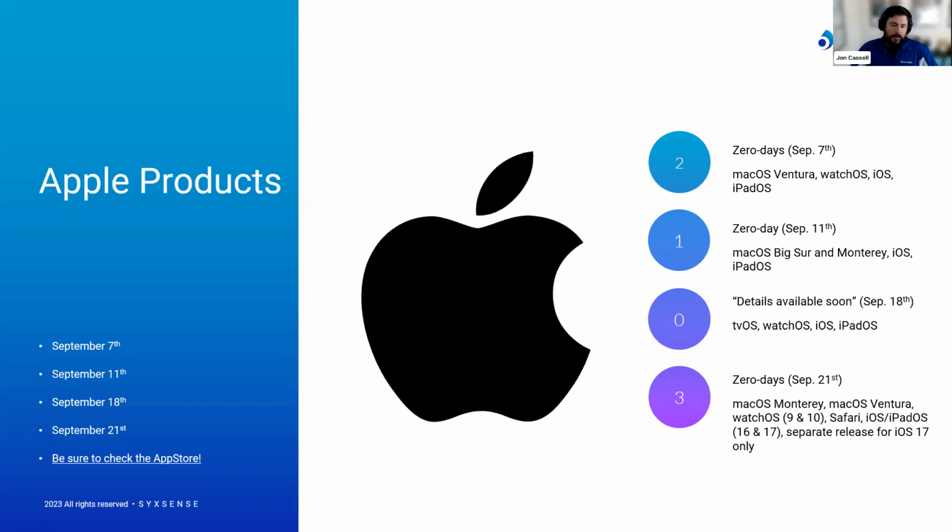Lastly, on September 21st, Apple updated 8 separate products for an additional 3 zero-day exploits tracked as CVE-2023-41991, 41992, and 41993, dealing with security, kernel, and WebKit issues respectively. Not every product was affected by all 3, except for iOS and iPadOS versions 16.7 and earlier.